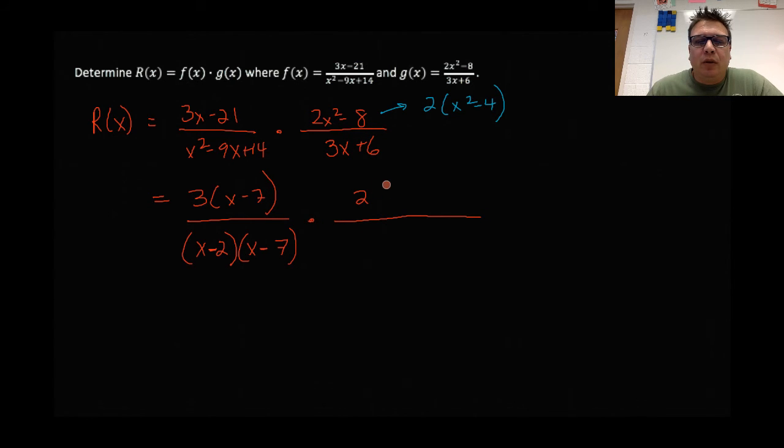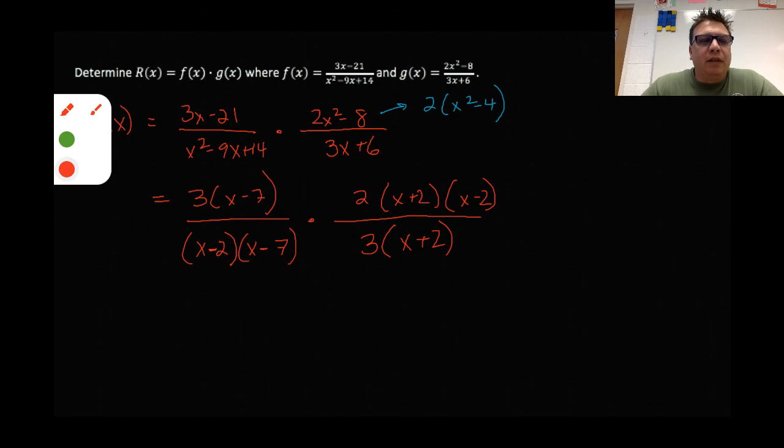And I have 2 times, and then I go ahead and factor this. This is the difference of 2 squares, so I get x plus 2, x minus 2. My denominator then, I've got to factor a 3 out. And then when I divide each of those by 3, I get x plus 2.